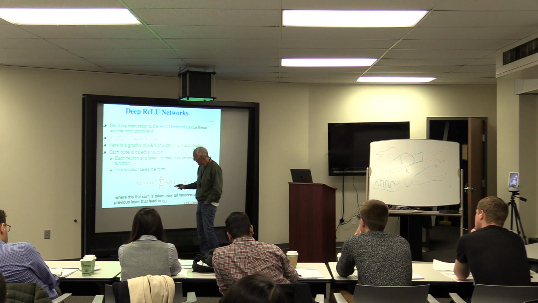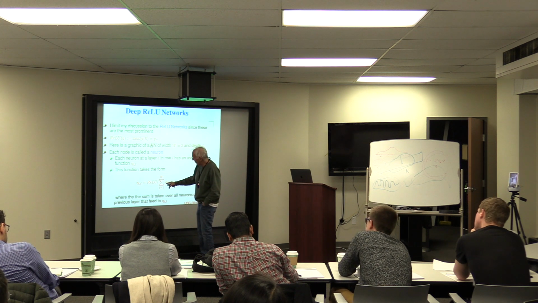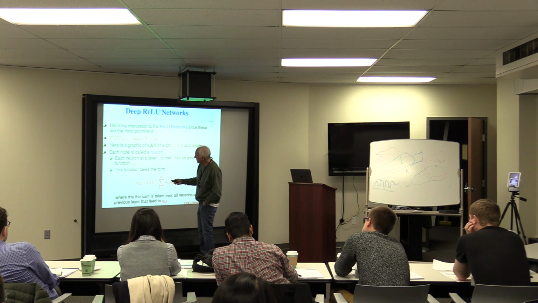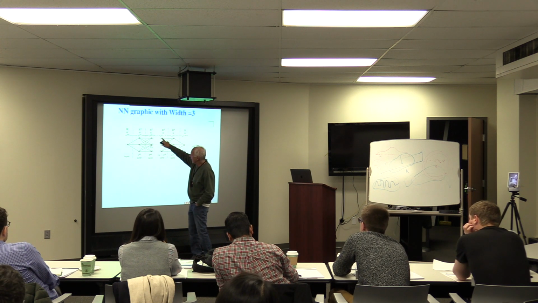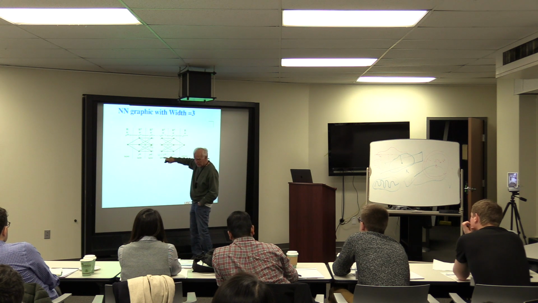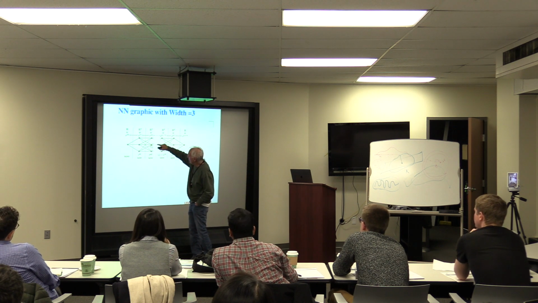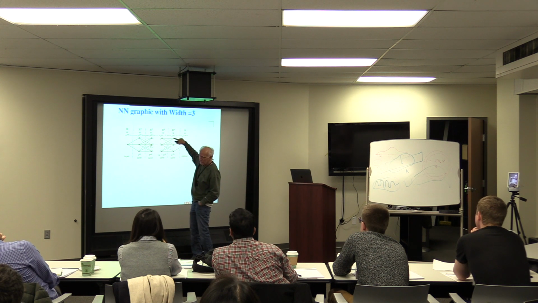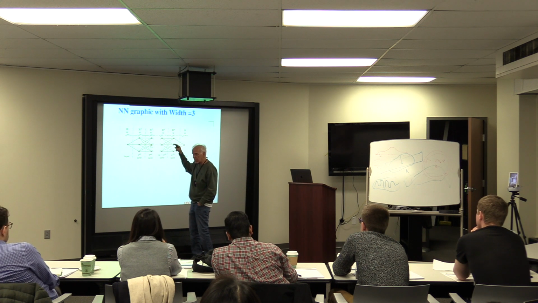Okay. So this function here, eta IL, I'm talking about how you get these functions. You take the previous layer, and to compute the value of this function, you take a linear combination of these, add an offset b to it, and then apply the ReLU.